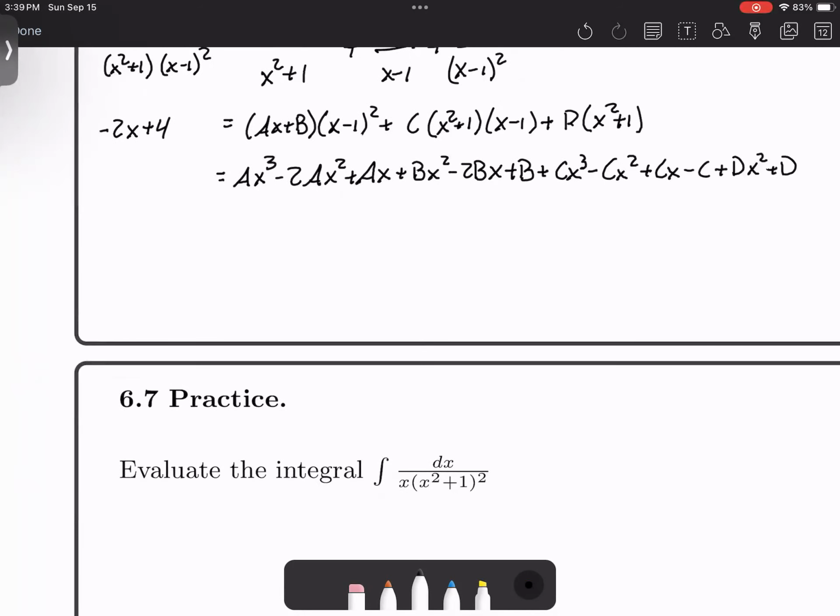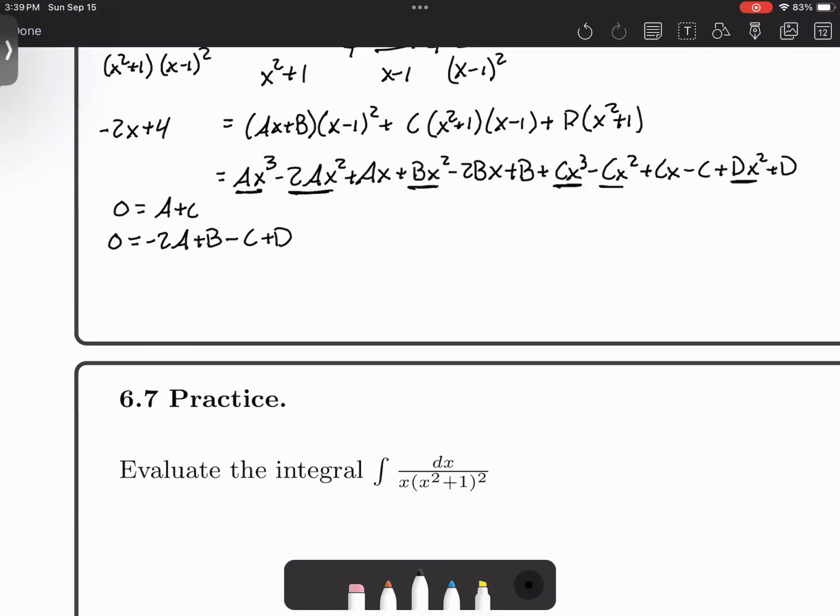All right, now looking at how many x cubes we have: 0 x cubes, which are equal to the a's plus the c's. We have 0 x squareds, which are equal to the minus 2a's, the plus b's, the minus c, and the plus d.